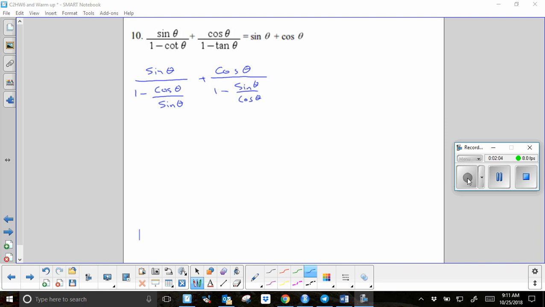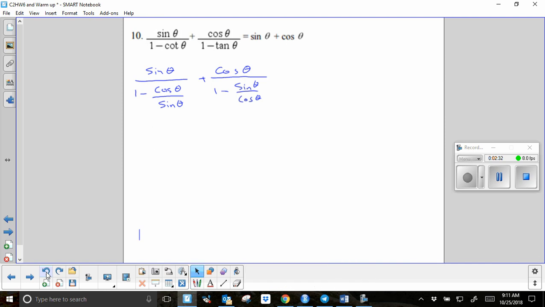Now I'm going to combine the denominator of each fraction. What is the denominator of my first fraction, Celeste? Over sine. Now, can I combine it as it is?